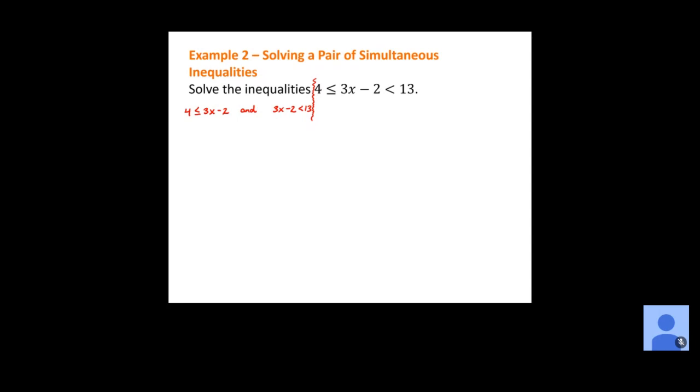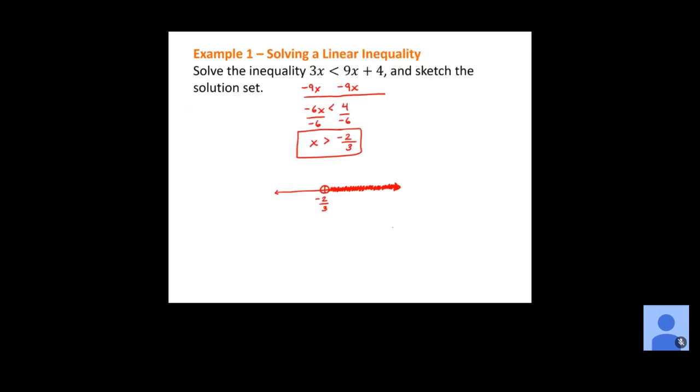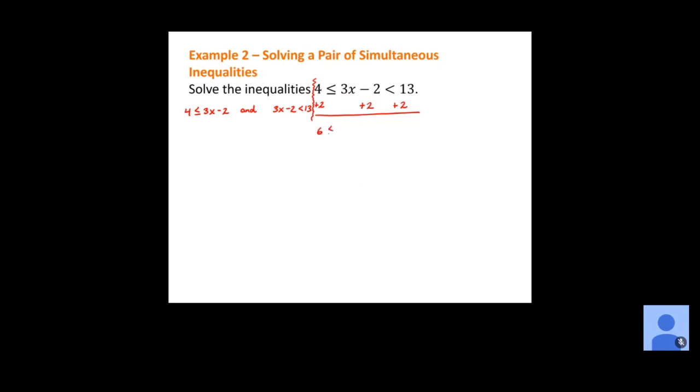So in this case, to get rid of that minus 2, I'm going to add 2. Now, because we're technically solving 2 different inequalities simultaneously, when I add that 2 in the middle, I have to add it over here, and I have to add it over here. That's the key to solving these things at the same time, is just to make sure that whatever you do in the middle there, you're also doing on the left and the right. Okay, so now we got 4 plus 2, which should give us 6, less than or equal to 3x, which is less than 15.